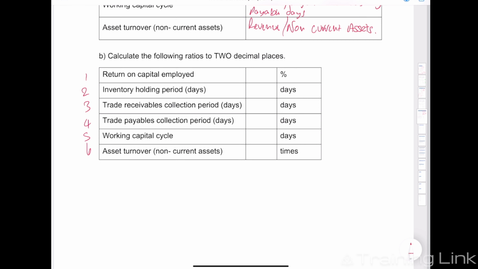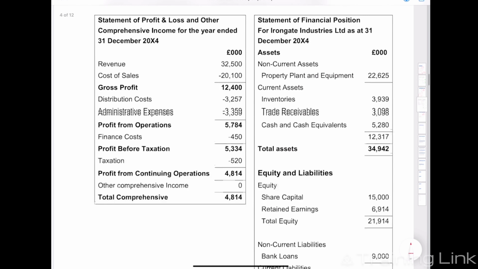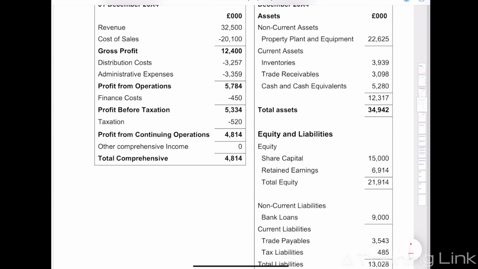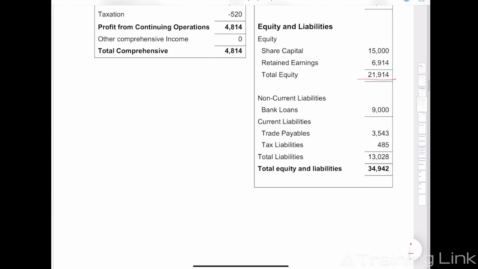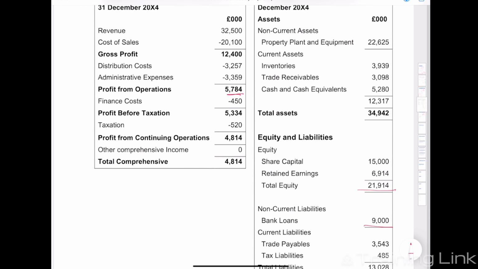So, return on capital employed, we said is operating profit over capital employed. We remember that capital employed is equity plus non-current liabilities. So it would be 21914 plus non-current liabilities, which are your bank loans. And then we've got our operating profit just over here.